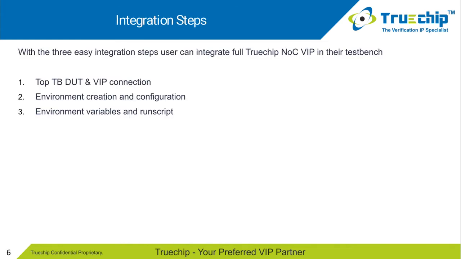With 3 easy integration steps, the user can fully integrate Truechip VIP in their test bench. Step 1 includes top TB, DUT and VIP instantiation and port connection. Step 2 includes VIP environment creation and component configuration in the user test case. Step 3 includes VIP environment variable setting and run script setting.